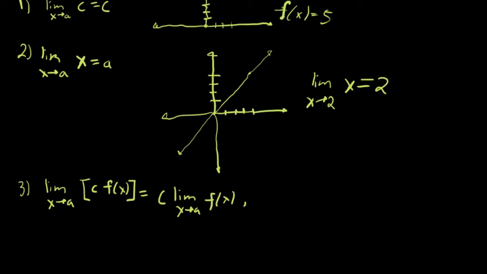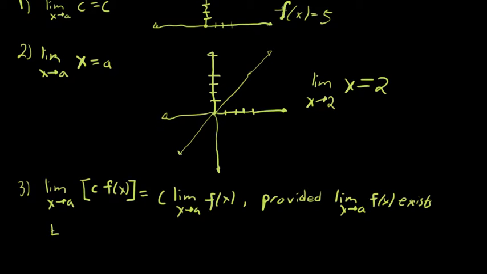And this is, of course, provided that the limit as x tends to a of f of x exists. And I'll show you an example of how this property here can be useful.